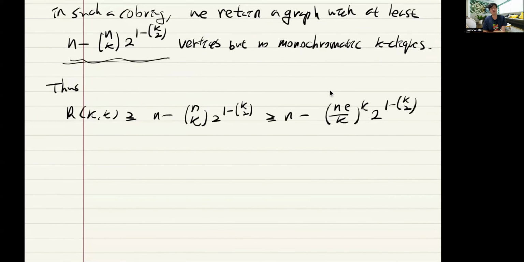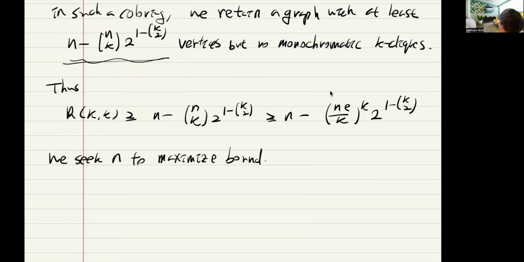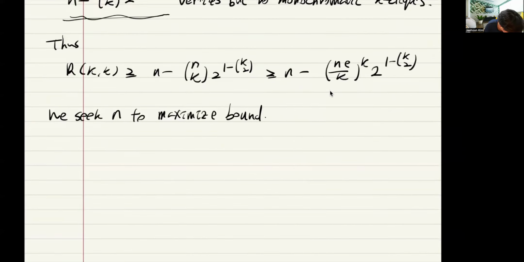So we didn't define what n is, right? So we choose n to maximize this bound. We want a good lower bound. So we want to choose n to maximize it. How do we do it?